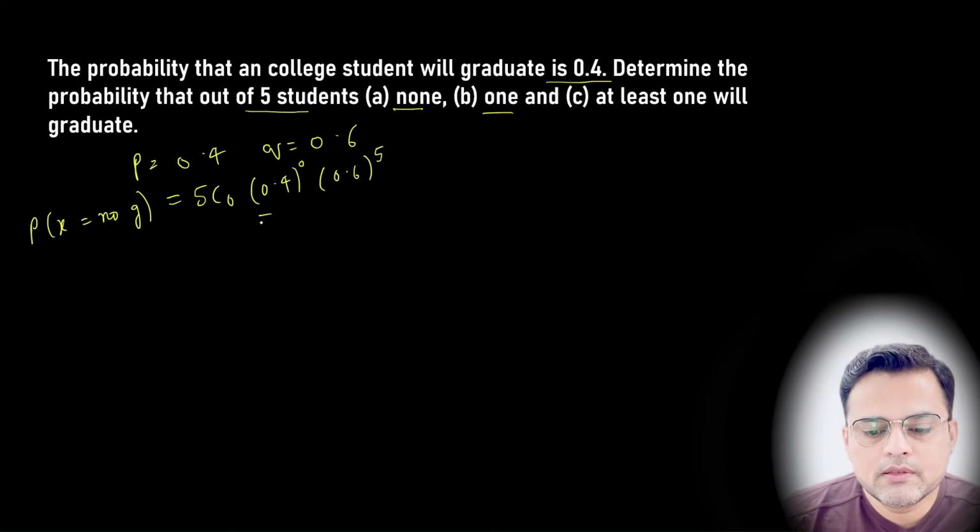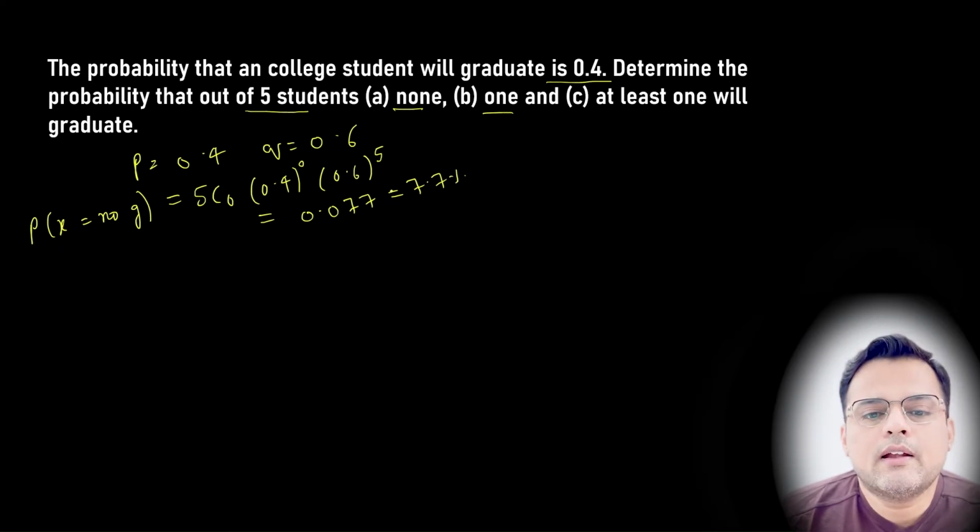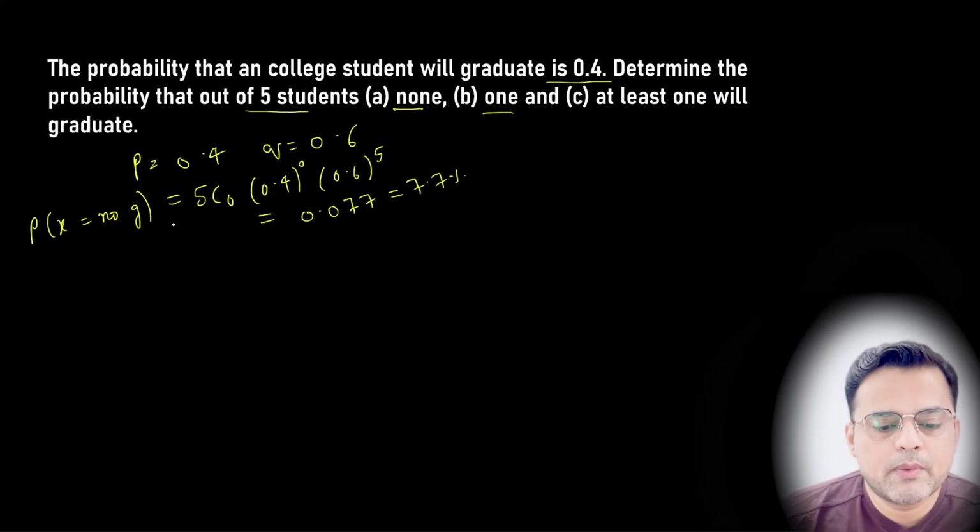If you solve all this, it will be 0.077. So there is a 7.7% probability that if 5 students are selected at random, none of them will pass.